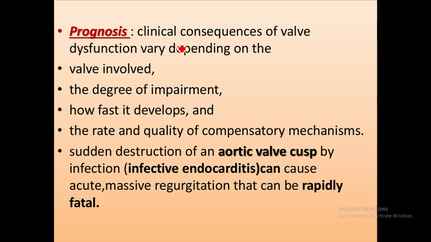Clinical consequences of valve dysfunction vary depending on which valve is involved, degree of impairment, how fast the dysfunction develops, and rate and quality of compensatory mechanism. For example, sudden destruction of aortic valve cusp because of infective endocarditis may result in massive regurgitation that can be rapidly fatal.